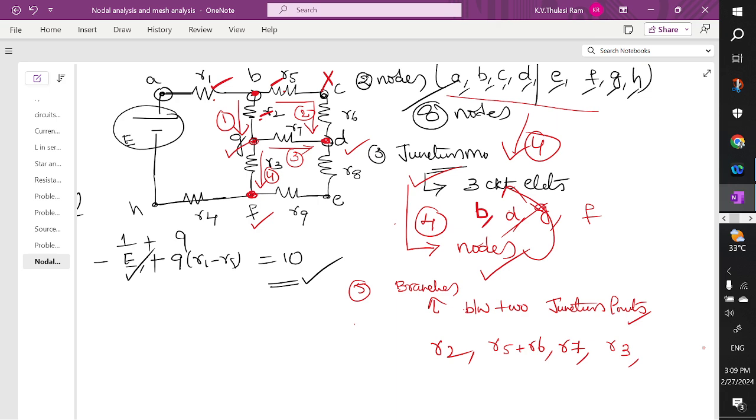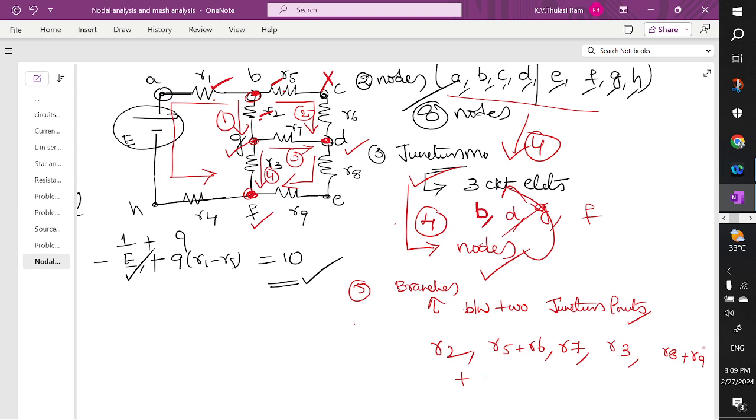Next, between this junction point and this junction point is another branch, which is nothing but R8 plus R9. And the next junction points also constitute one more path, which is nothing but R1 plus R4.